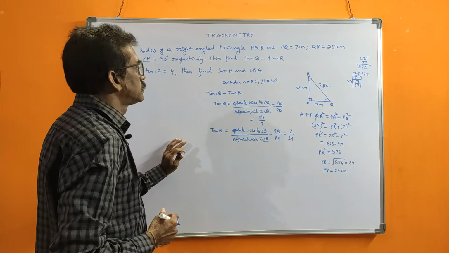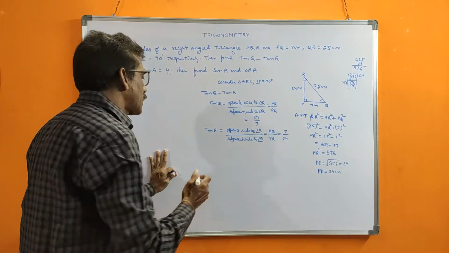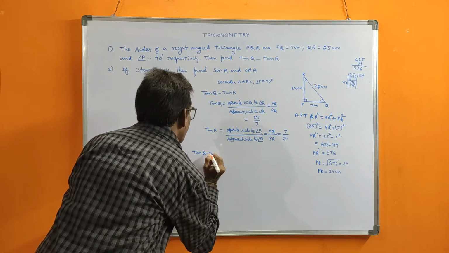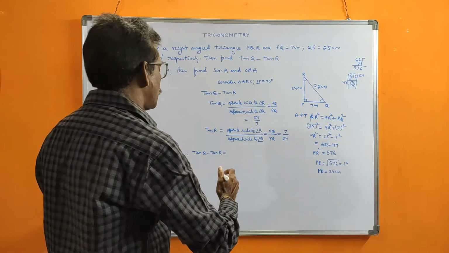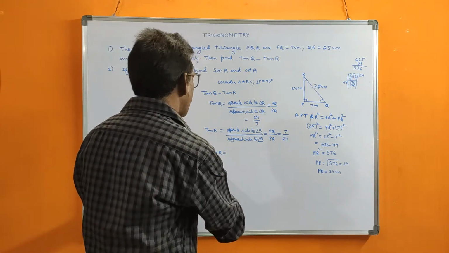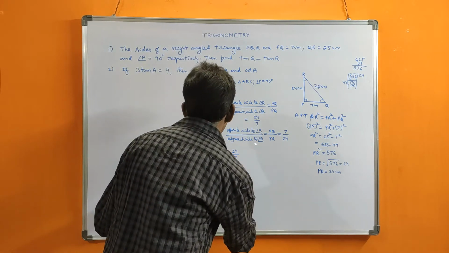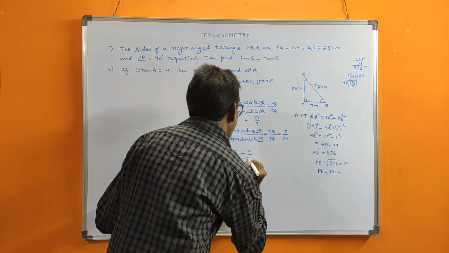Now, what he asked is tan Q minus tan R. So tan Q minus tan R, this is the final answer you want. Substitute the values. Tan Q we calculated as 24 by 7 minus tan R, which we calculated as 7 by 24.